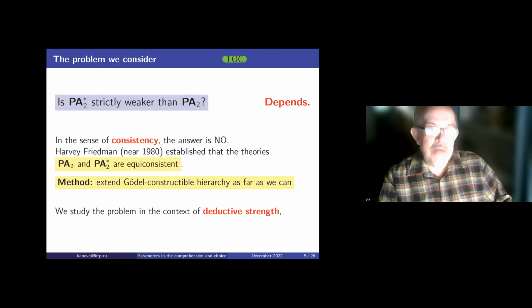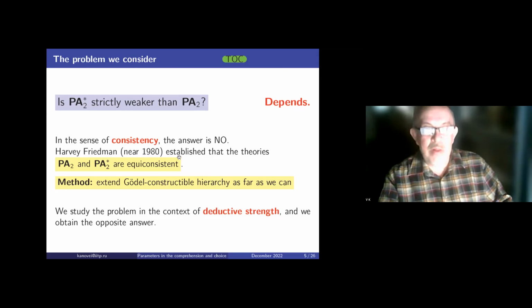But this talk is devoted to another question. This is the problem between these two theories in the framework of deductive strength. That is, does the full form prove more sentences than the parameter-free subtheory?